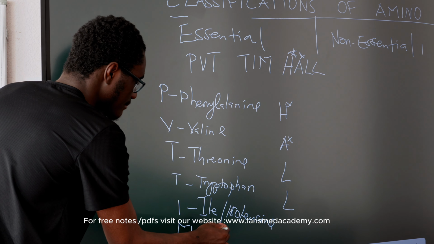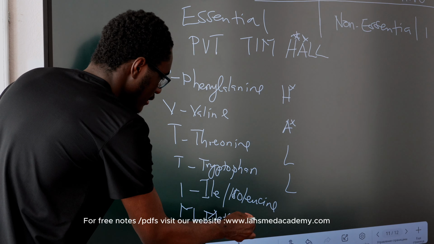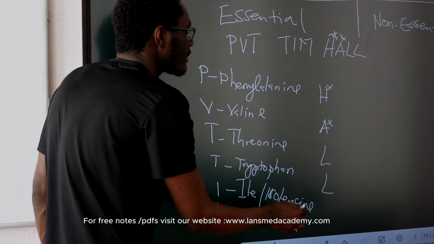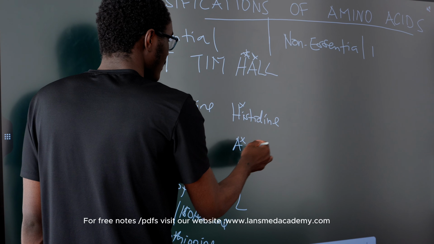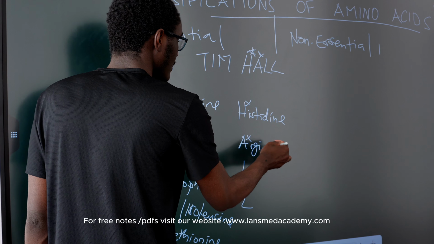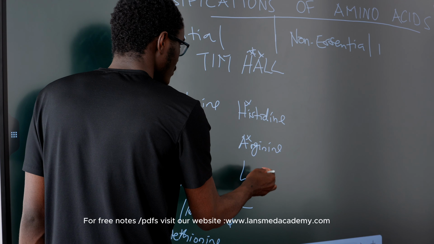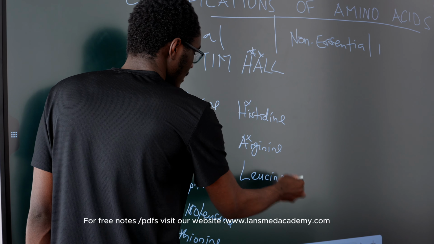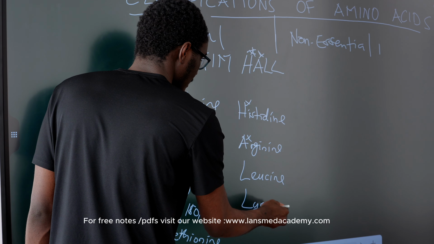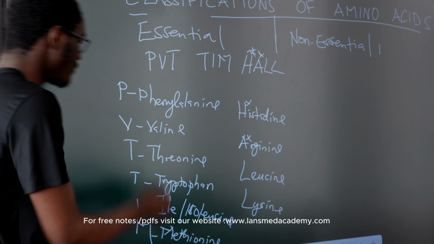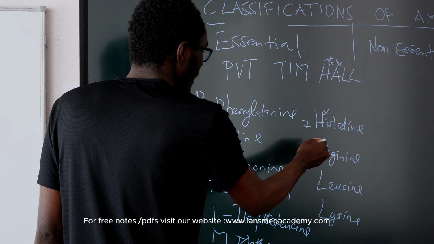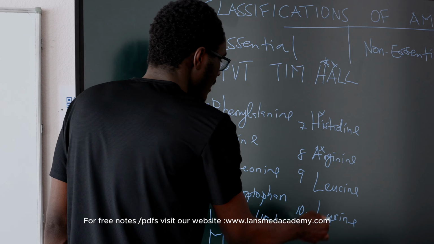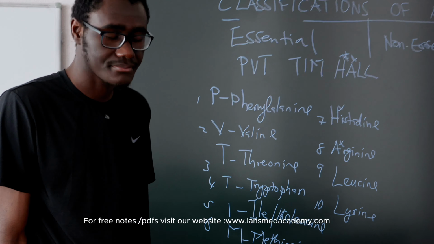The M is methionine. The H is histidine. The A is arginine. L is leucine. And the other L, lysine. So we have 1, 2, 3, 4, 5, 6, 7, 8, 9, and 10 essential amino acids.